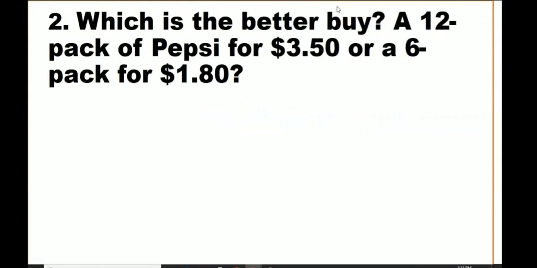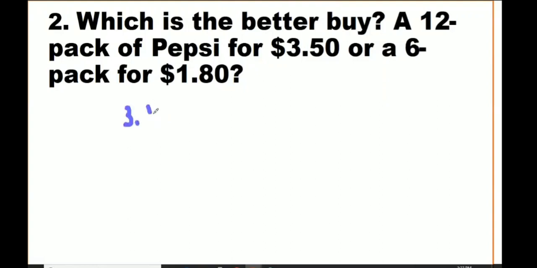Number 2. Which is the better buy? A 12 pack of Pepsi for $3.50 or a 6 pack of Pepsi for $1.80. So, which do you think is the better buy, the 12 pack or the 6 pack? To do that, we're going to solve for each unit price.